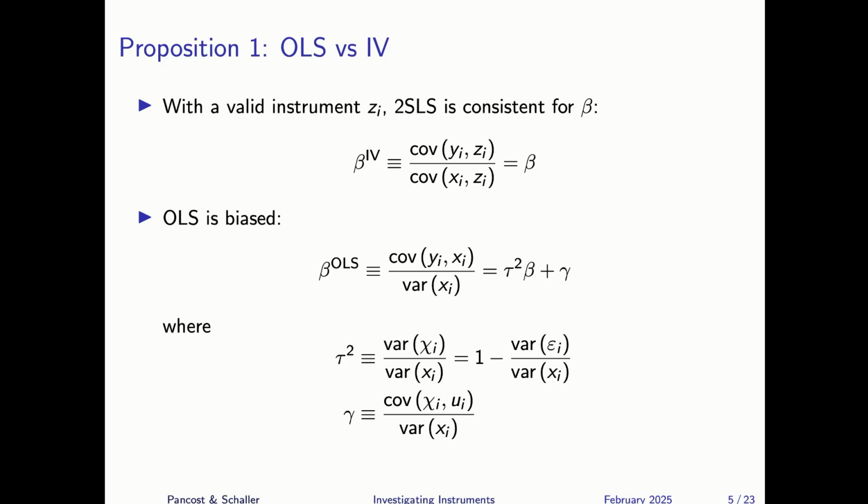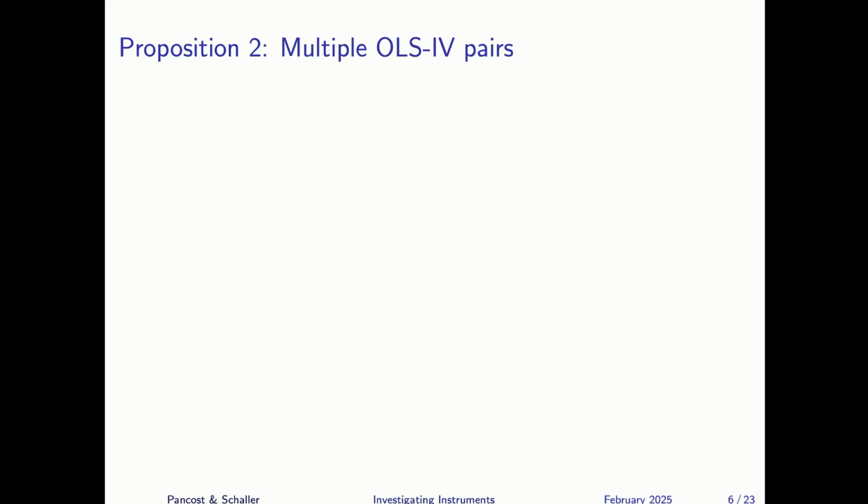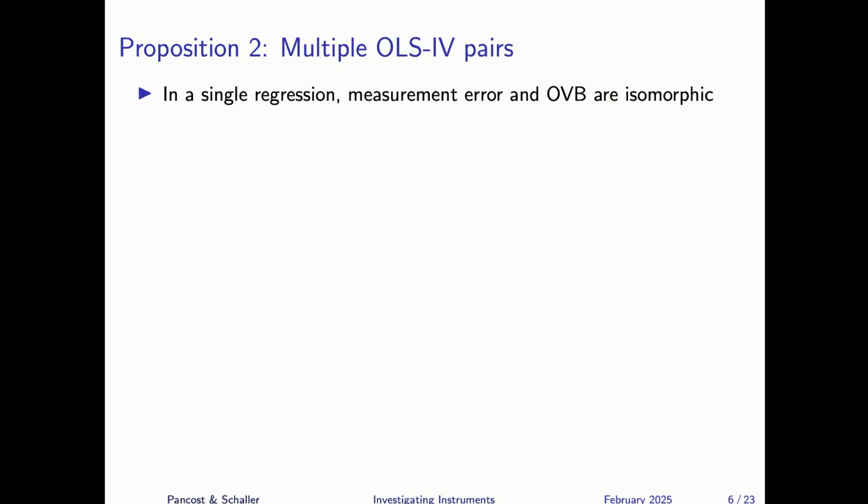The key insight in the paper, what makes this whole thing run, is that the effect of tau squared on beta is proportional to the beta, and the gamma is additive. That's how we're going to identify these two things separately in a meta-regression. So, the main proposition of the paper: if you only want to run a single regression, OLS and IV, there's nothing you can do. You can't estimate the slope of a line with just one point.